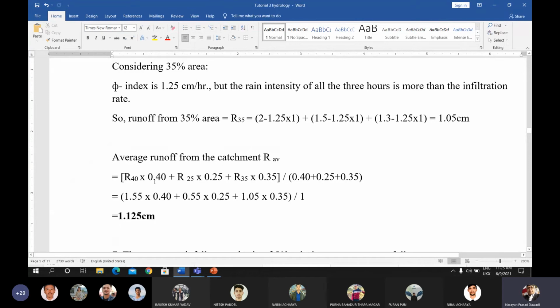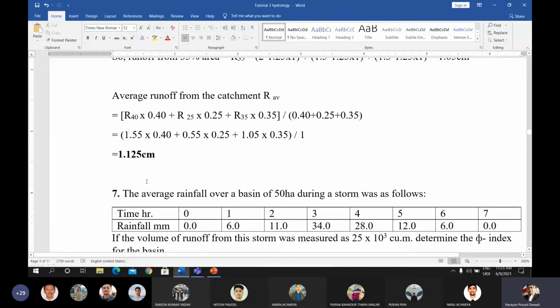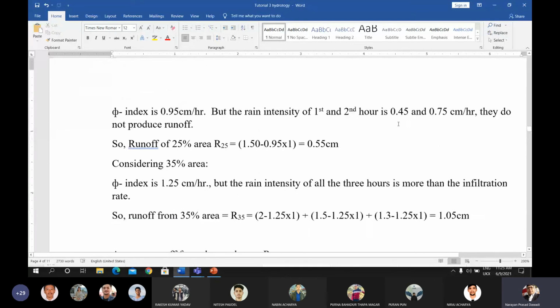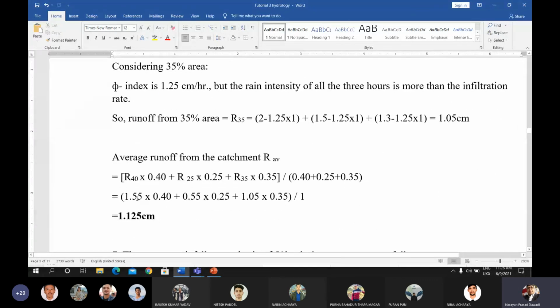Now R1 A1 plus R2 A2 plus R3 A3 divided by A1 plus A2 plus A3, that is R40 area, R25 area, and R35 area, which gives the total runoff as 1.125 centimeter according to the previous calculation. If you put the value of 1.50 or 1.60 here, it may be changed.